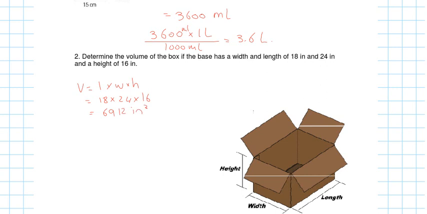Now here it's going to be a little bit different if I want to convert this to a volume unit. The reason is that I don't have a straight conversion between cubic inches and a volume unit like liter or milliliter. So what do I know? Change it to centimeter, and then to liter or milliliter.